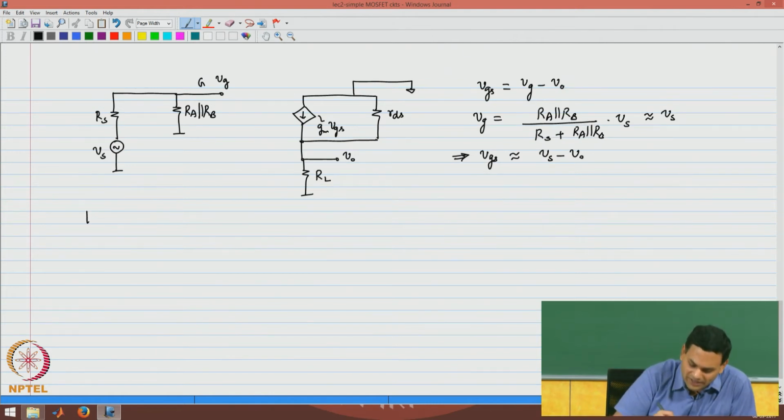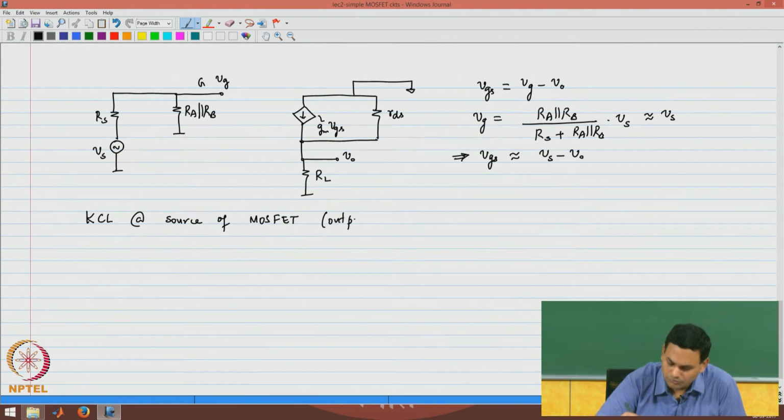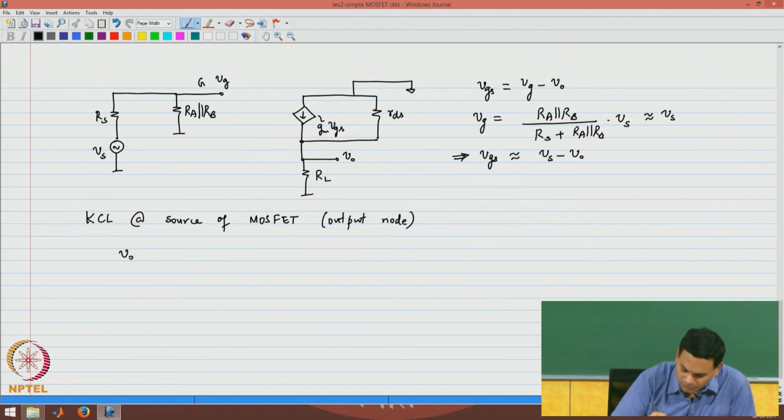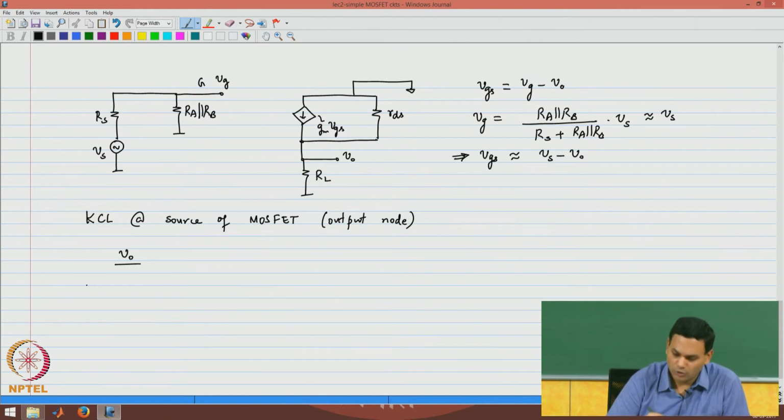Now, we will apply KCL at the source node of the MOSFET, which also happens to be the output node. So, the current flowing out of the node is VO by RL plus VO by RDS.